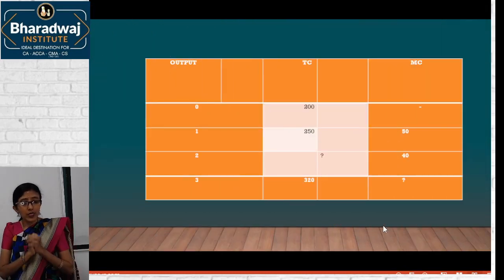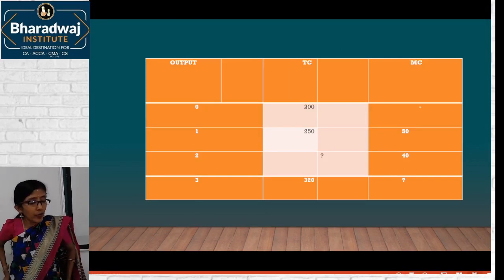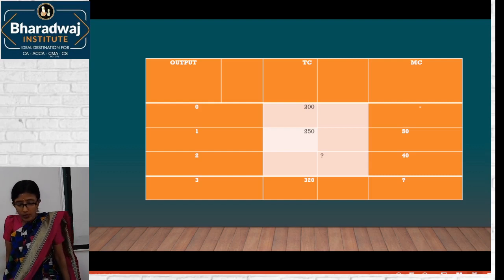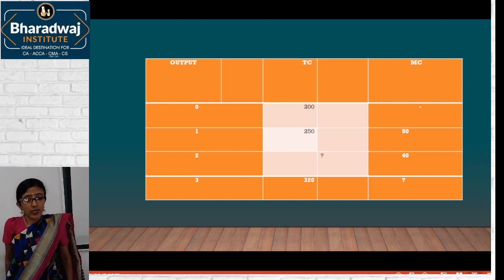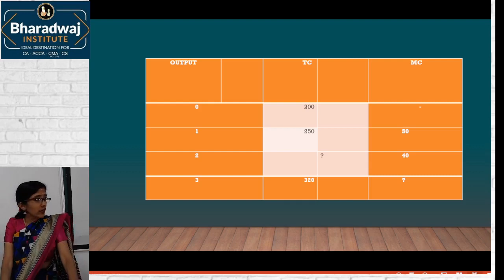Yeah, fill up this TC and MC. Output is given one column 0, 1, 2, 3 units. Total cost is given 200, 250, question mark, 320. Then you have MC column. First one is the dash.